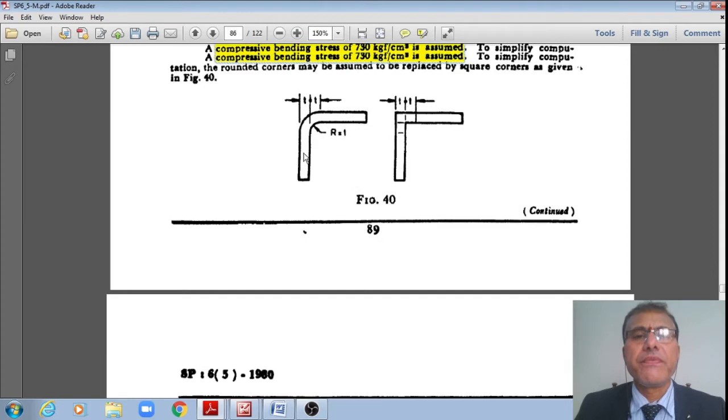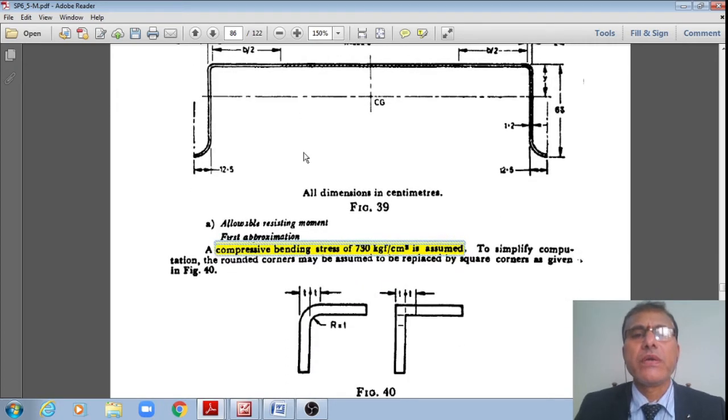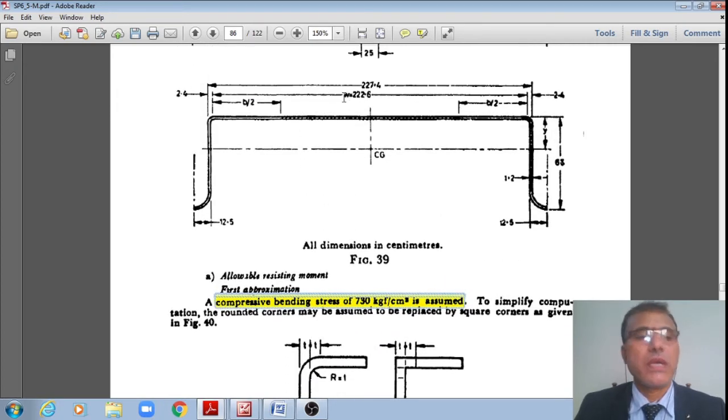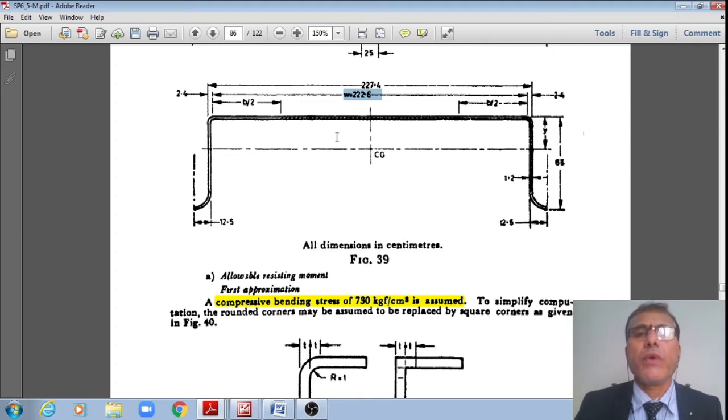However, from this figure we can see that we do have the effective width. This flat width, the horizontal portion of this plane, is equal to 222.6.